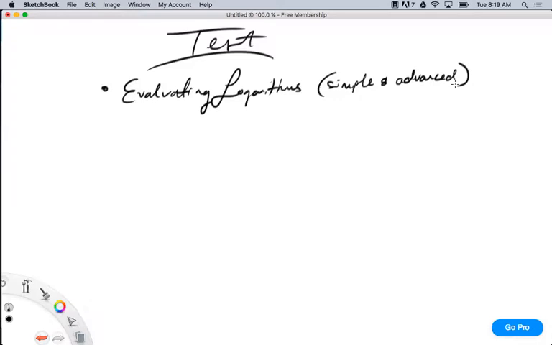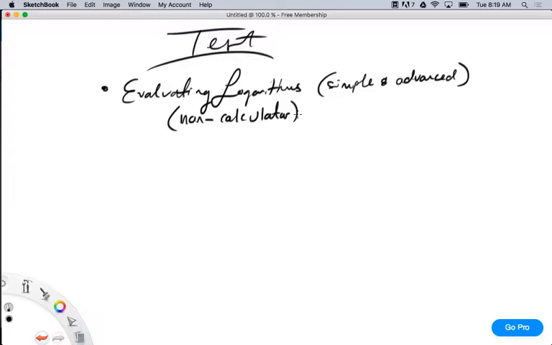Now, all of the non-calculator is evaluating logarithms. Obviously, if you have a calculator at this point, you should be able to just calculate it really fast. So the only part that's non-calculator is evaluating logarithms. Everything else has a calculator. Okay?